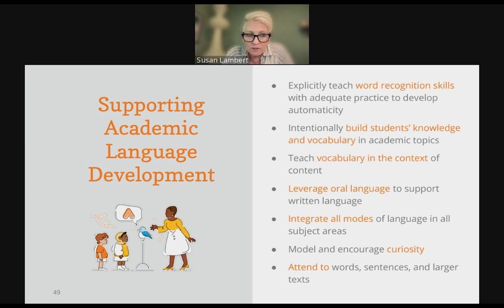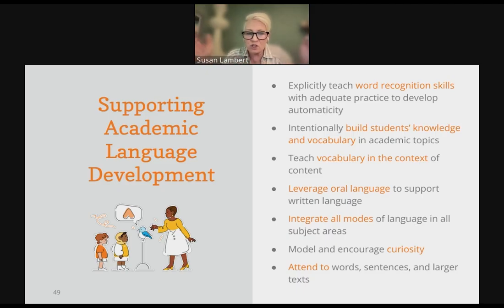So that's important. Number 2, you need to intentionally build students' knowledge and vocabulary in these academic topics. What do I mean by intentionally build? You know, we're not going to give them a tiny bit of information today about a topic, and then tomorrow we'll talk about something else, and the next day we'll talk about something else. What we need to do is, in order to build knowledge, and you know this for yourself, anytime you're trying to learn something new, it's hard, and you need to do it day by day by day, right?